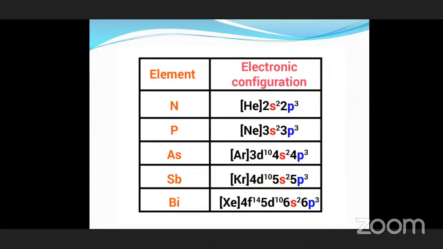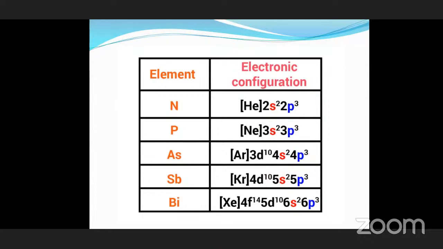Last one, bismuth. The atomic number of bismuth is 83, and the electronic configuration is xenon 4f14 5d10 6s2 6p3. By using all these electronic configurations, we conclude that the common outermost electronic configuration is always s2 p3.